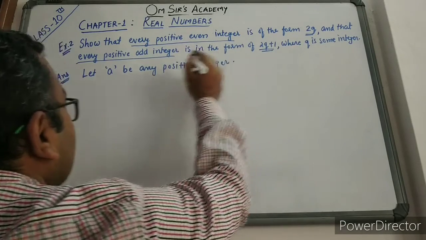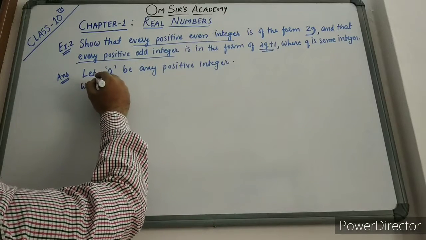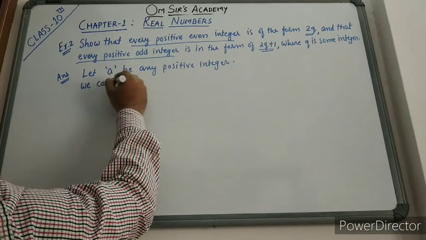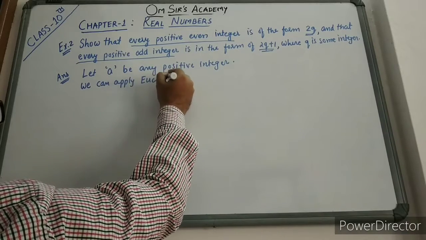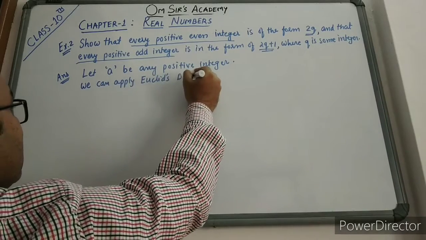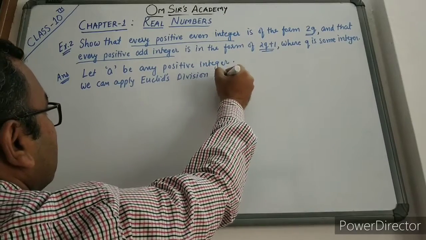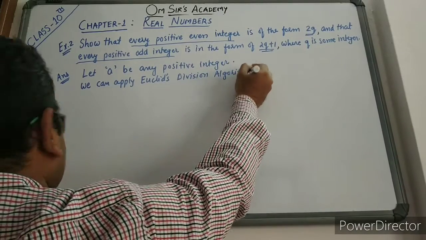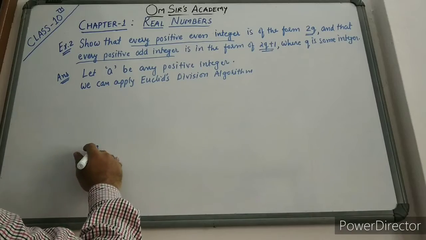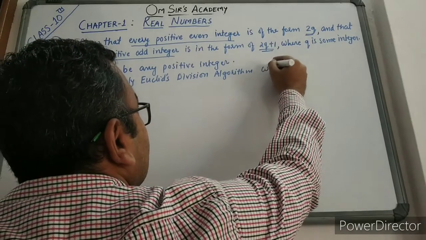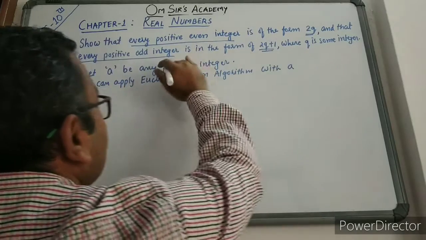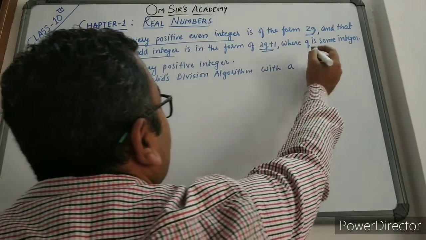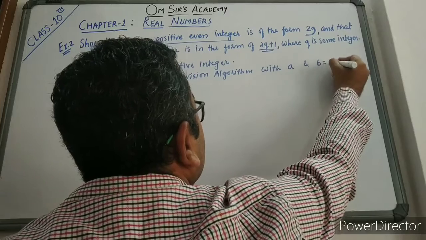Okay, and we can apply Euclid's division algorithm with a equal to a, and I am taking b equal to 2.